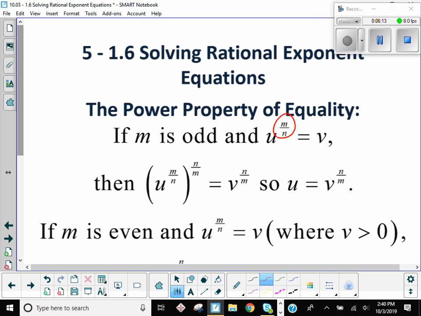The fraction exponents have two parts, the top and the bottom, the numerator and the denominator. The denominator is the root, so it's the square root, the third root, the fourth root. The top, the m, is the power, like squaring it, cubing it, raising it to the fourth power. Okay? And you can do the math on those separately.